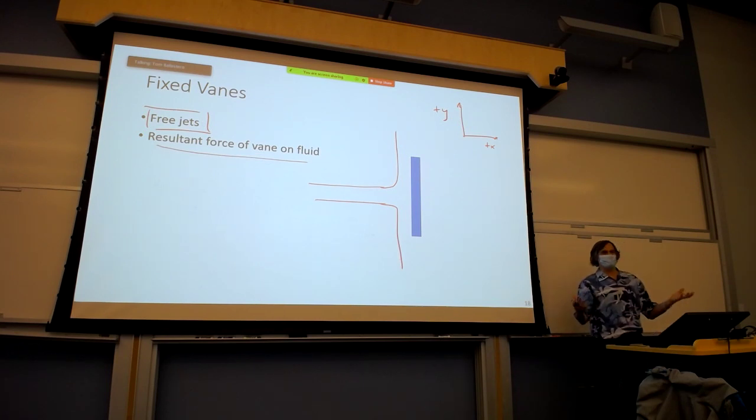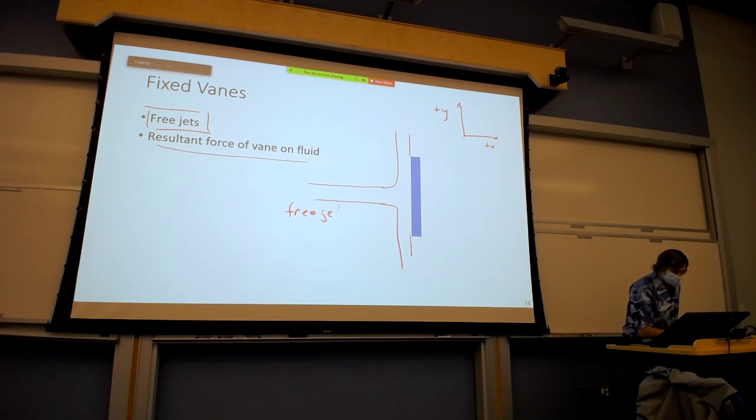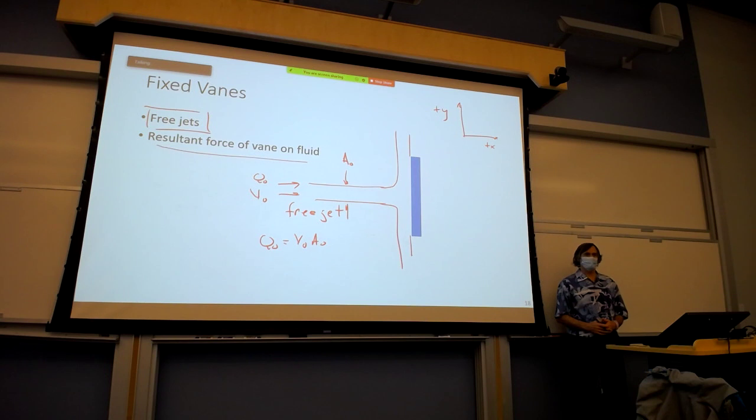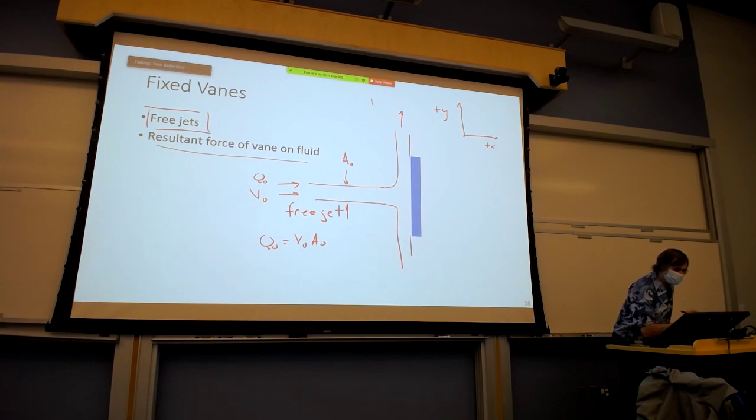Again, we call it a fixed vane, but it's just a plate. And so this is a free jet. And it's coming in at Q0 with a velocity V0, and it of course has a cross-sectional area A0. So Q0 is V0 A0. And then let's say that this plate perfectly splits the flow.